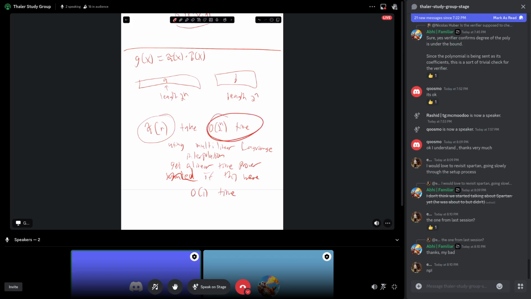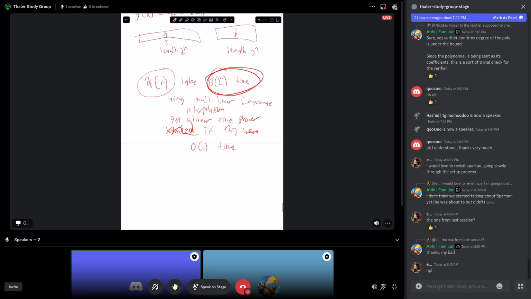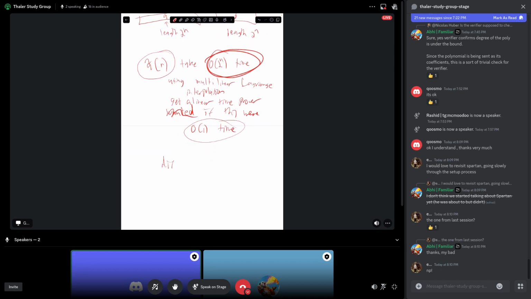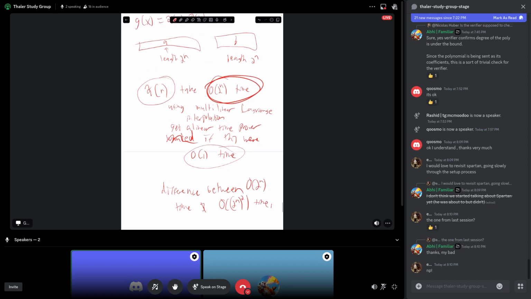It's very much not order one time; it's order 2^n time. Huge difference. This is the difference between what we want, which is order 2^n time for the prover, and the square of that.